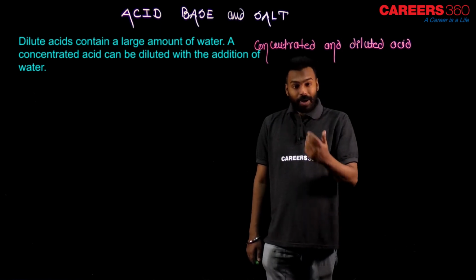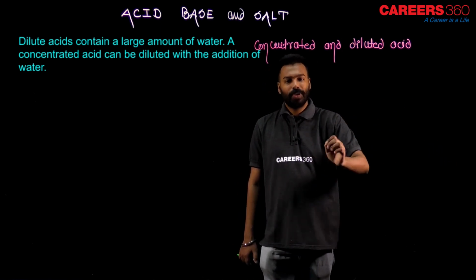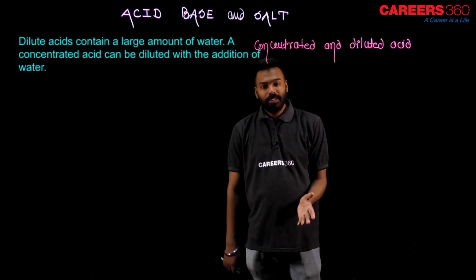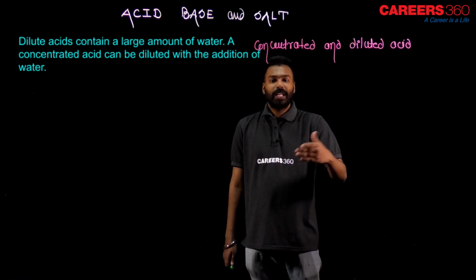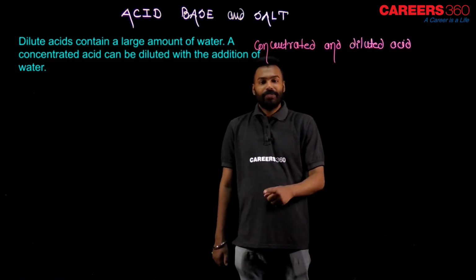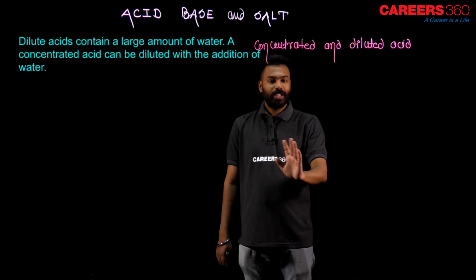If you want to convert a concentrated solution to a dilute solution, you add water and it will convert into dilute. But how to convert concentrated acid to dilute acid is the question. You can never directly put more water to make it dilute, never ever do that.